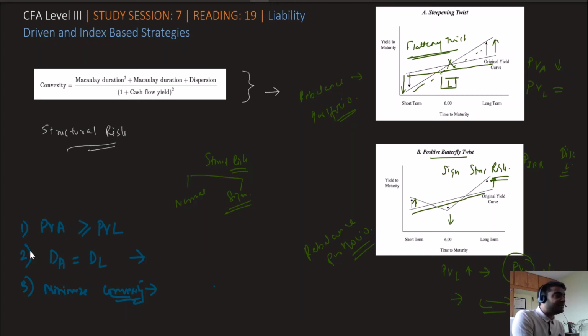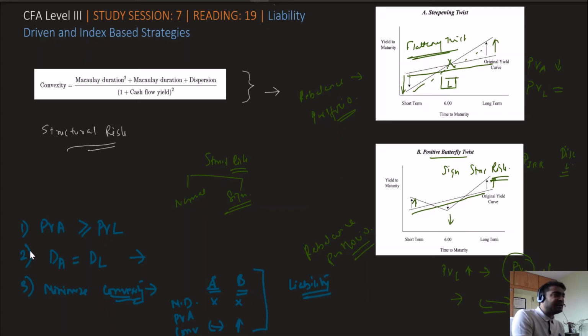So let's say you might be given a question wherein there are two asset portfolios, A and B, and all are similar in nature in terms of Macaulay duration and present value of assets, etc. But what is different is the convexity. One convexity is very high, in one it is okay. You might be given a convexity of the liability portfolio, or you might not be given.